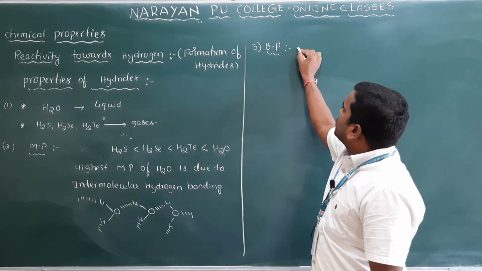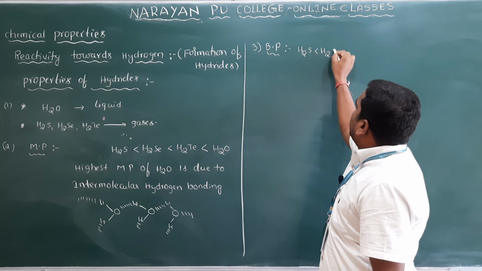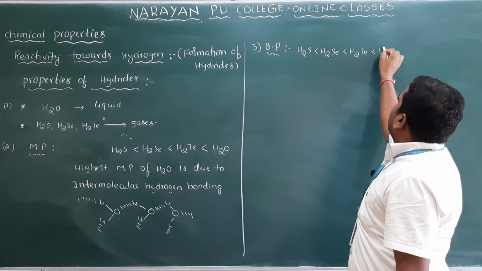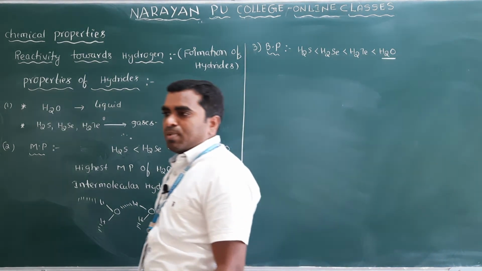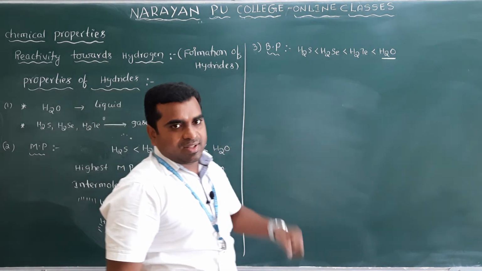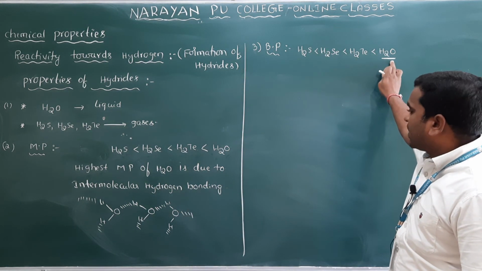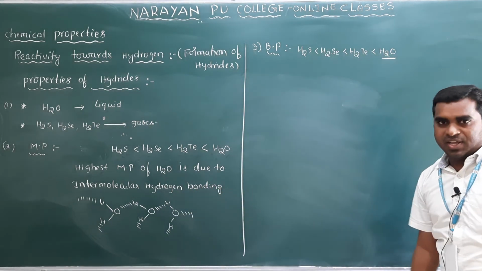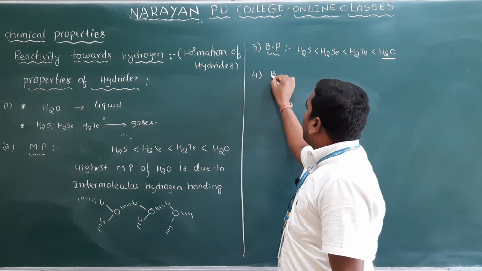So the order here is H2S is less than H2Se is less than H2Te is less than H2O. Here also the same reason: H2O has the highest boiling point due to the intermolecular hydrogen bonding existing in the water molecule. That is the reason you have to write here. Clear? And the next one here is bond length.